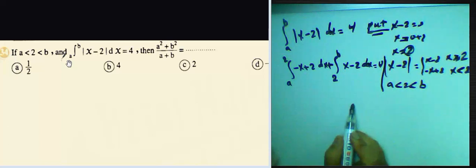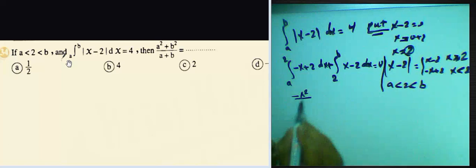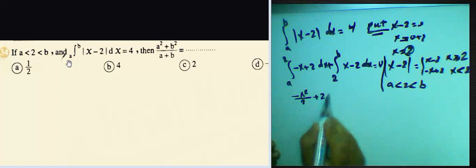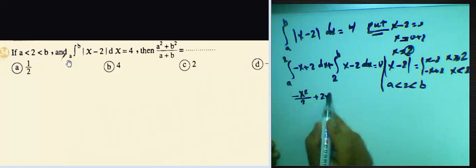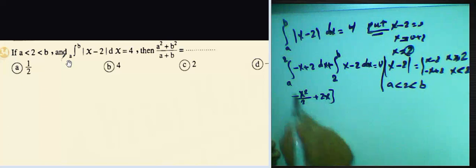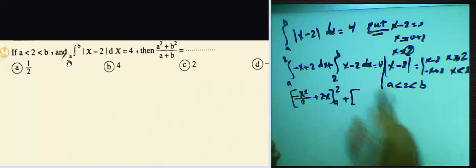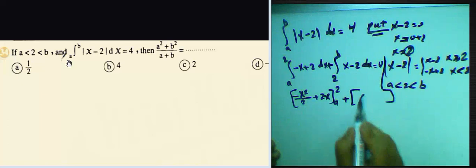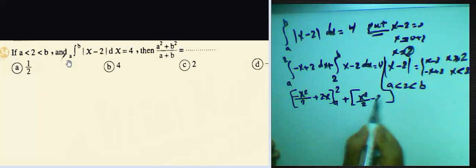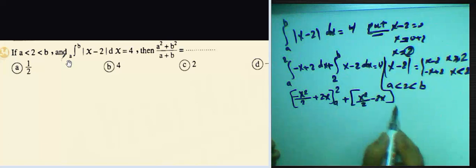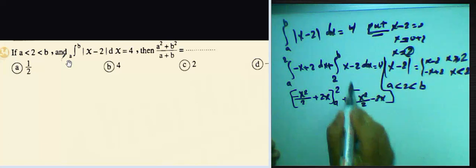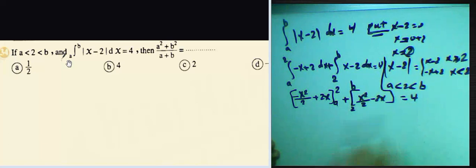Okay, we can write negative x power 2 over 2 plus 2x from a to 2, plus the integral x power 2 divided by 2 minus 2x from 2 to b, gives us the result equal to 4.